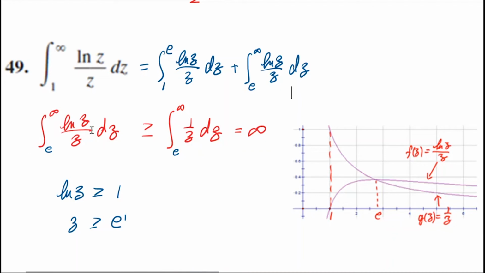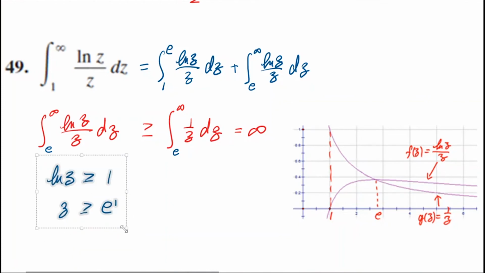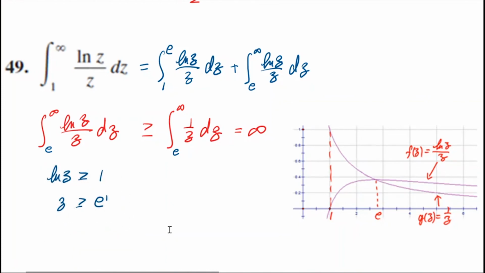But before I can compare these two with a direct comparison test, I have to make sure this is always greater than that everywhere that I'm integrating. So I have to start this lower bound from e instead of 1. Any questions about this part? Okay, I'm going to put that inequality in the corner. Now I will start evaluating and finish this work.